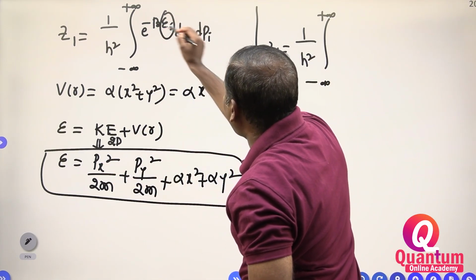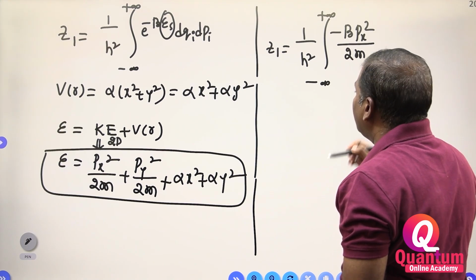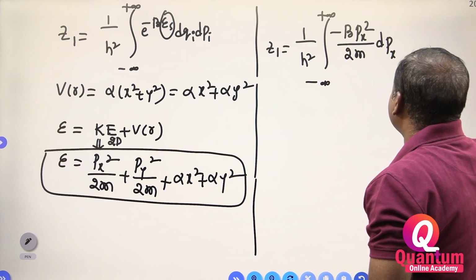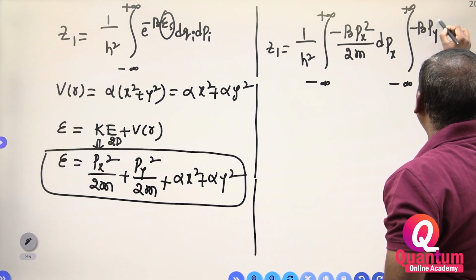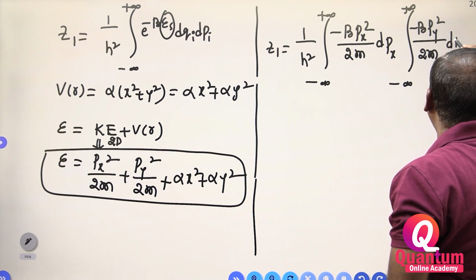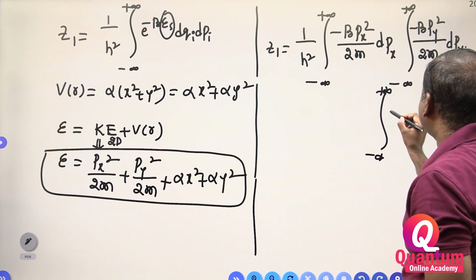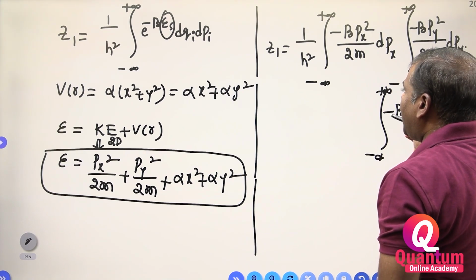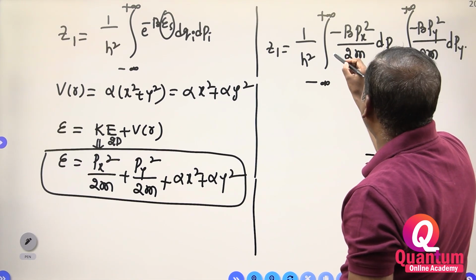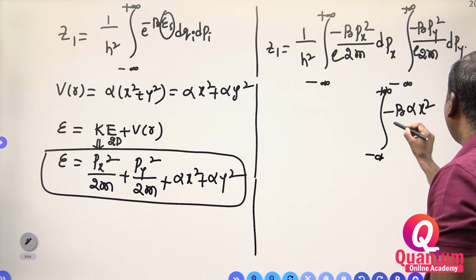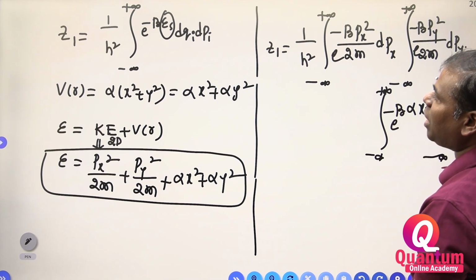Instead of Es, we write this: e to the power of minus beta into px square divided by 2m into dpx, integral minus infinity to plus infinity of e to the power of minus beta into py square divided by 2m into dpy, into integral minus infinity to plus infinity of minus beta into alpha x square, written in terms of exponential, into dx, integral minus infinity to plus infinity. What do we have to write?